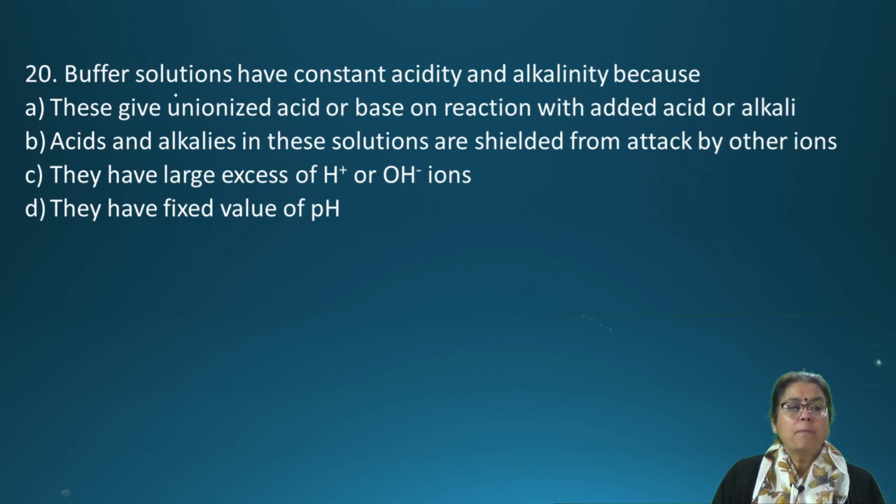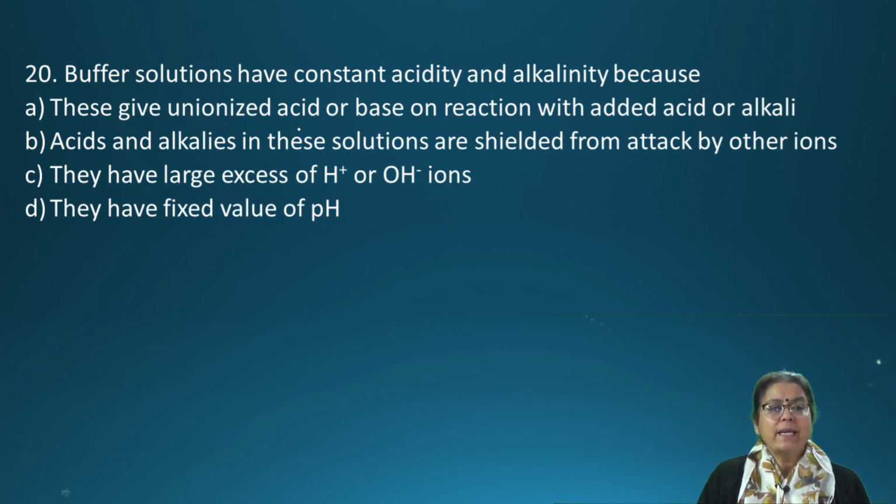Next question. Buffer solutions have constant acidity and alkalinity because these give unionized acid or base on reaction with added acid or alkali. Acids and alkalis in these solutions are shielded from attack by other ions. They have large excess of H positive or OH negative ions.